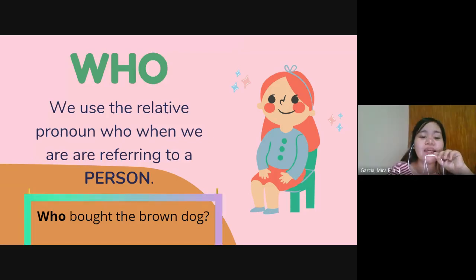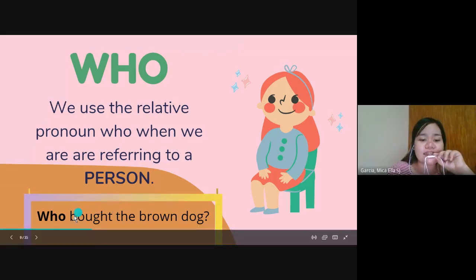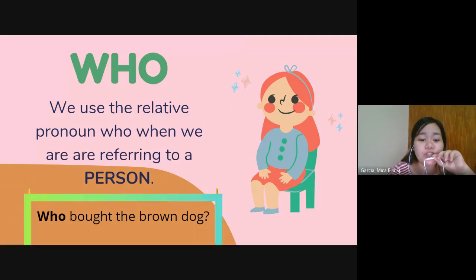Okay, very good. In the sentence, the person is asking who bought the brown dog. So she is asking for the person who bought the brown dog.